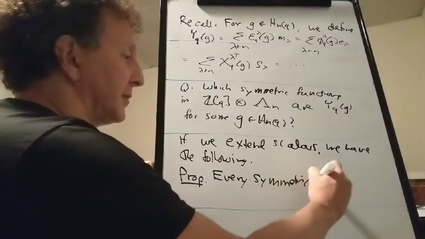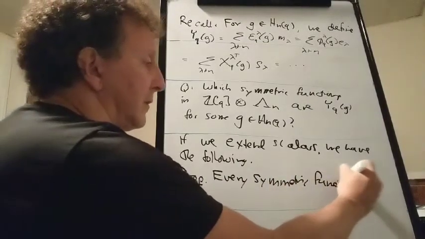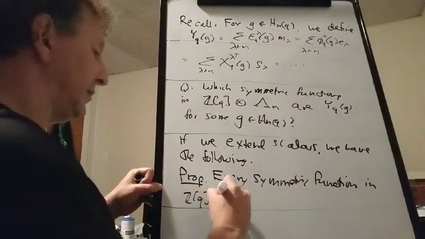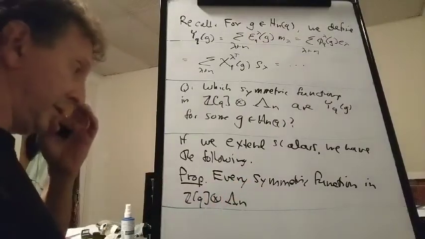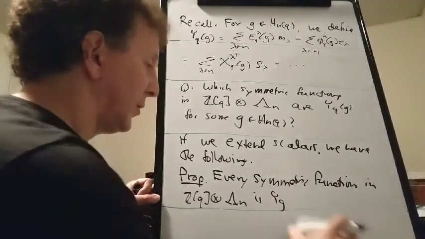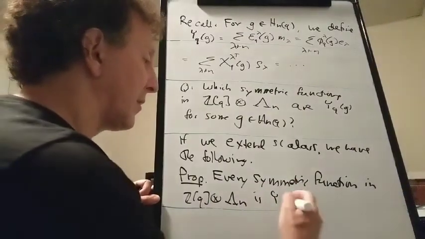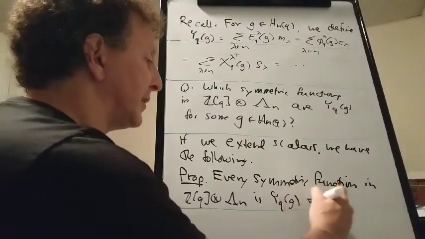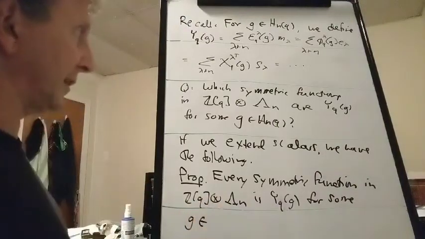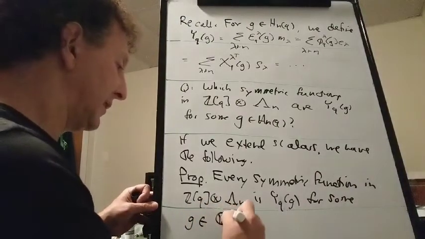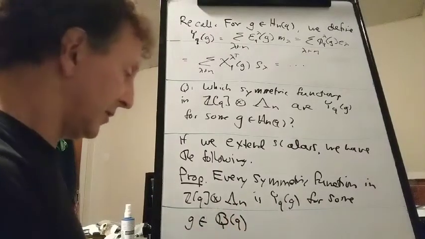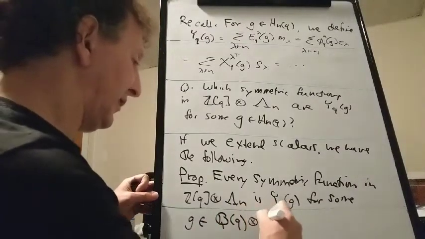Every symmetric function in Z[q] tensor degree n symmetric functions is y_q of g for some g, here's where we extend scalars a little bit, in rational functions in q with rational coefficients tensor the Hecke algebra.